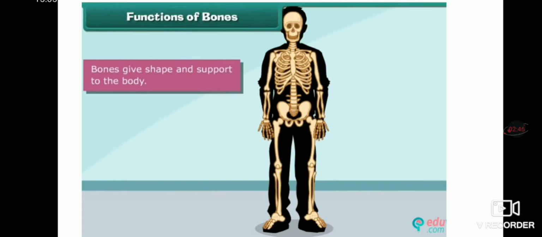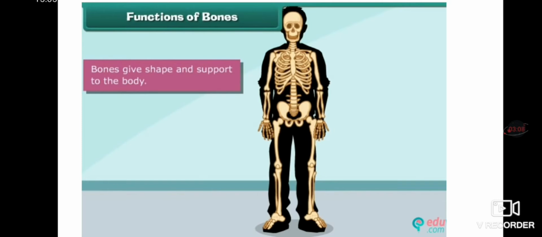So now we are going to learn about the functions of bones. What are the functions of bones? You are very familiar with bones and their functions also, as we do daily chores. Bones give shape and support to the body.